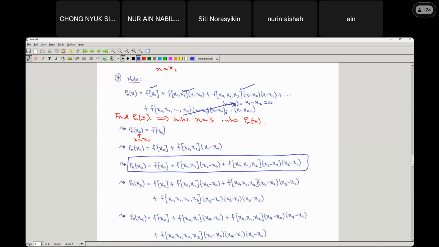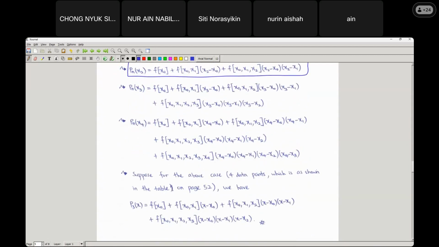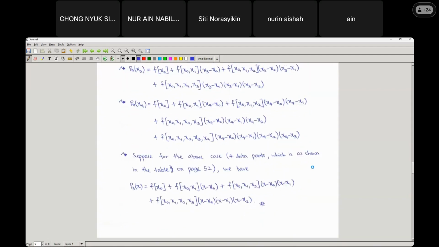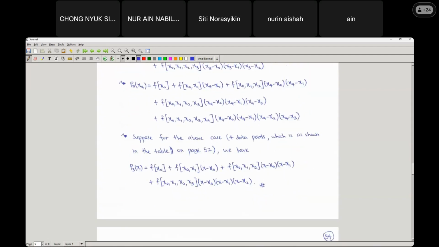I'm not going to repeat the same thing. Now, suppose for the above case we have 4 data points. Always remember, if you have 4 data points, your n is at most 3.